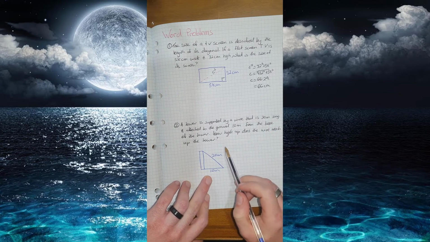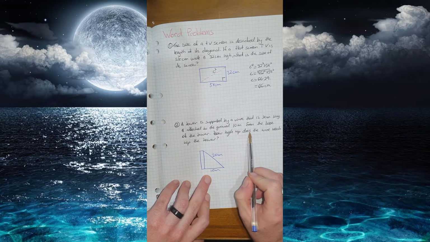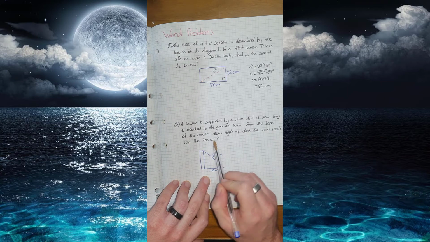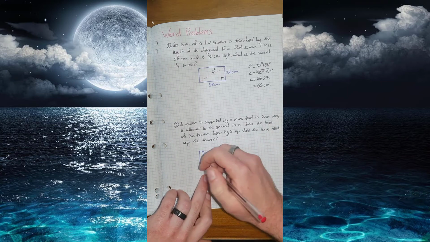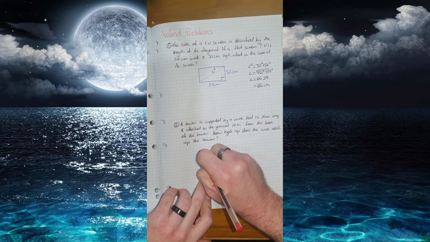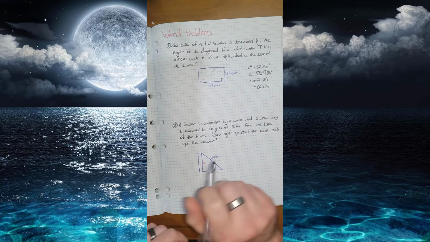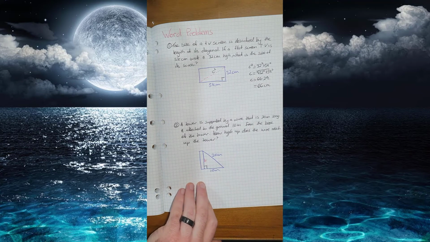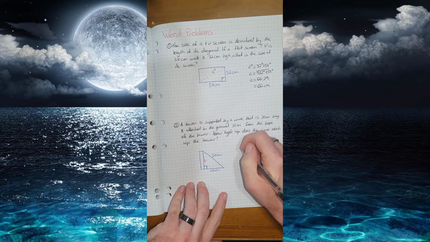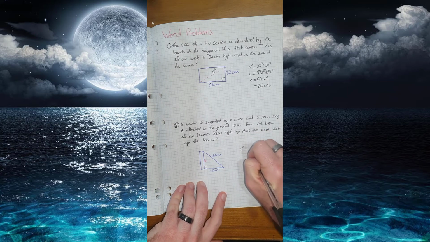What is my question asking? How high up does the wire reach up the tower? So what I'm going to be trying to find is, let's call that B. Now as we can see, this is a right angle triangle, which means because I'm trying to find the shorter side, I can apply Pythagoras' theorem.